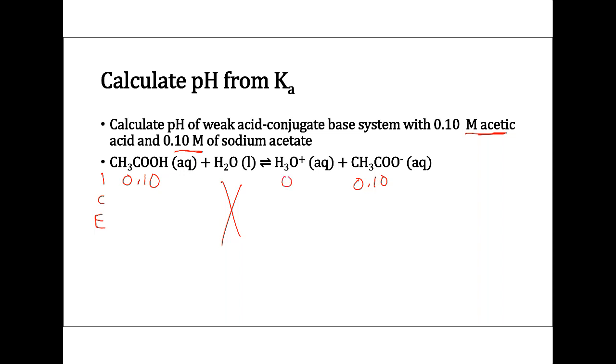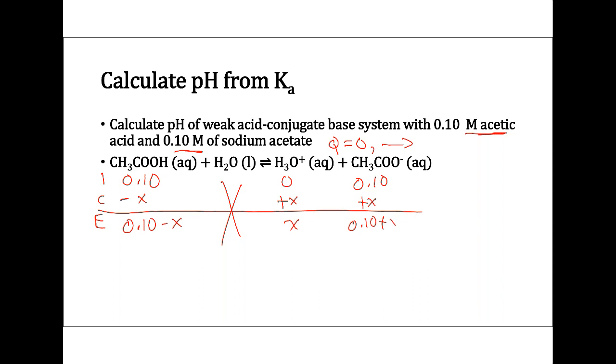So since H3O plus is 0, this means our Q value is equal to 0 because the numerator has a 0 value. So our reaction is going to proceed to the right. That means this will be minus X, plus X, plus X. Now we have 0.10 minus X, X, and then 0.10 plus X.